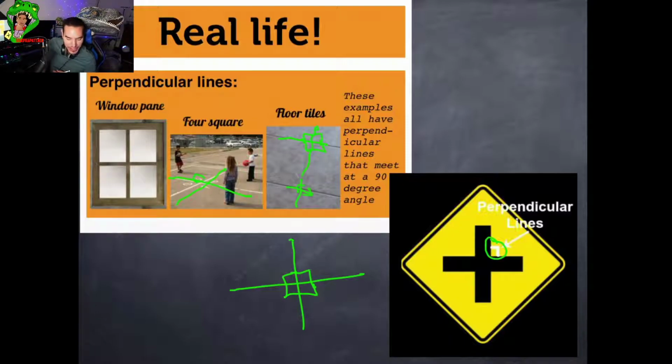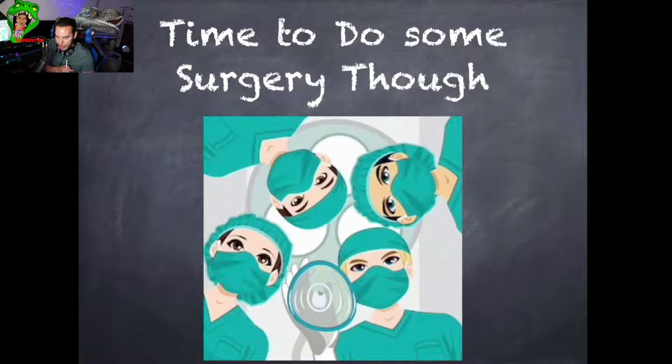Now the problem is some people use their eyes and look at something and say, that's parallel, or, oh yeah, those are perpendicular. But how do I know for sure? In order to do that, we've got to do some surgery, meaning not literally, not Grey's Anatomy. We're not going to go that deep.